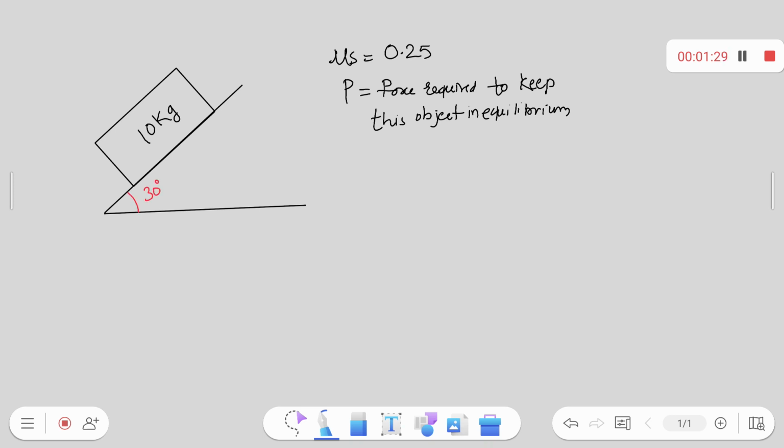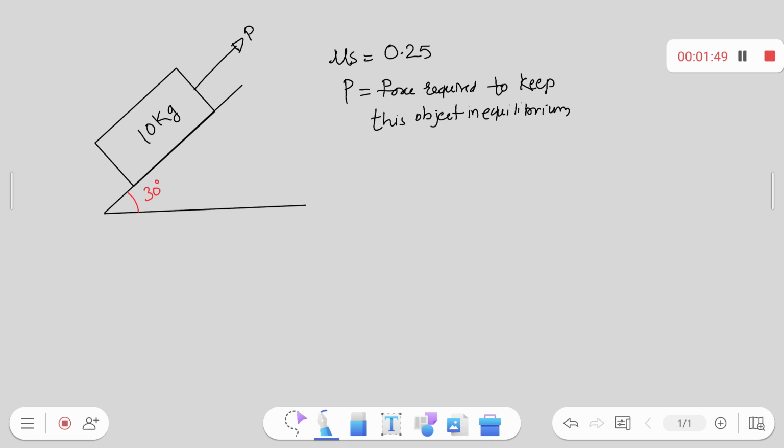Again, as this is a friction problem, we have to draw the FBD first. P is given like this, pulling this block upward. This is the given data in the problem. First we have to draw the axes.